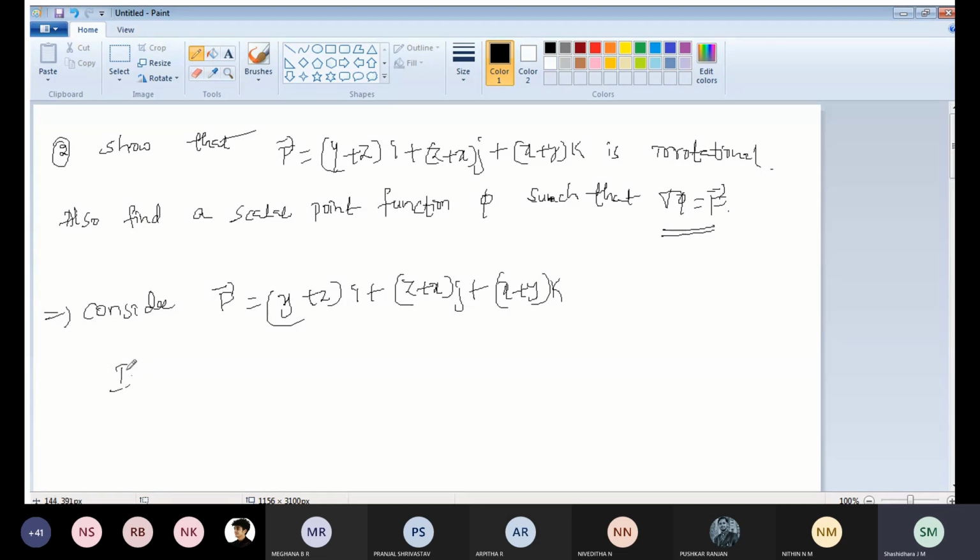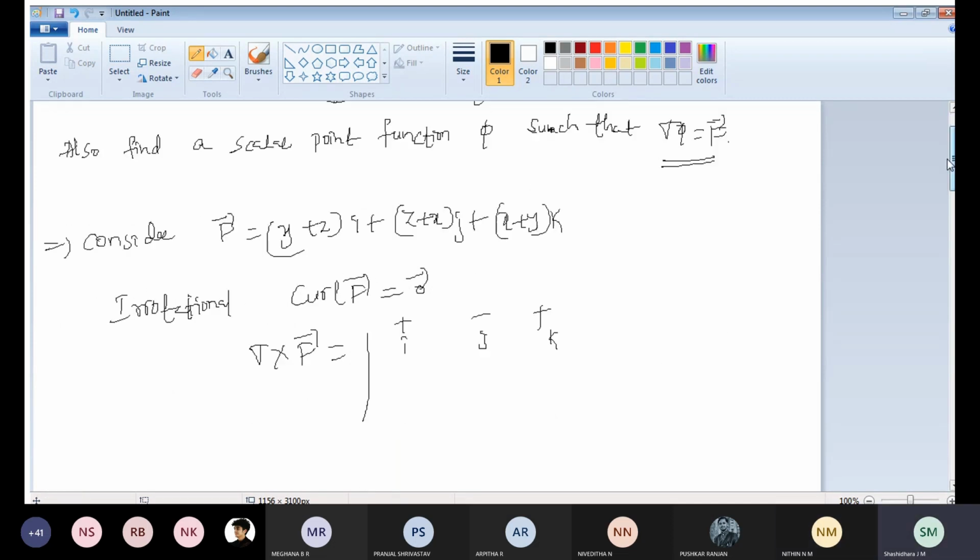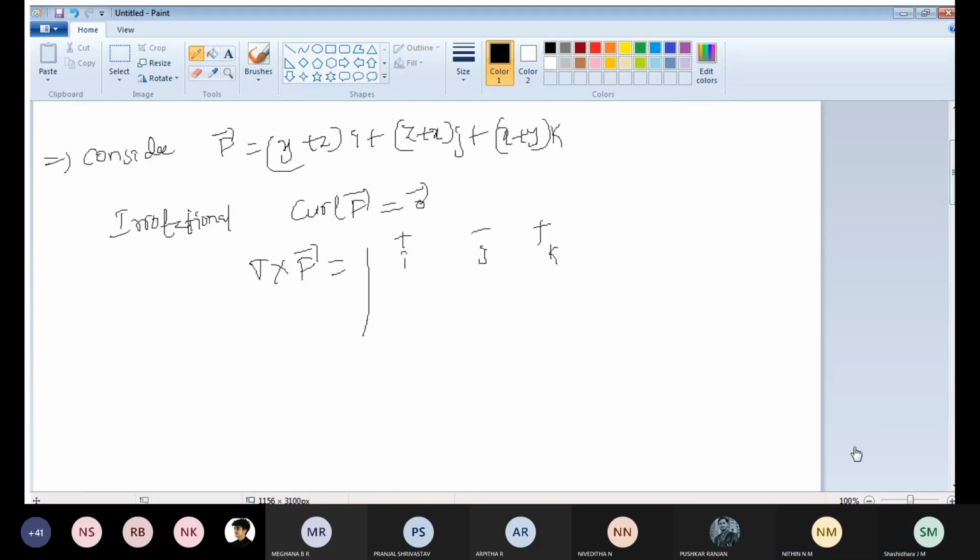Irrotational means curl vector f equals zero. Curl or divergence? Curl, sir. Yes, curl.